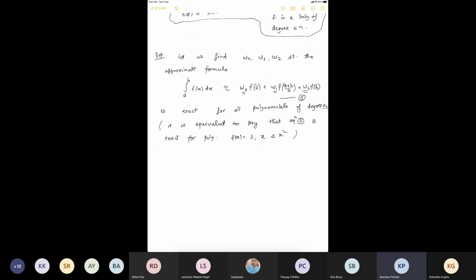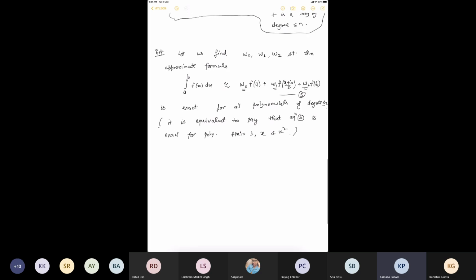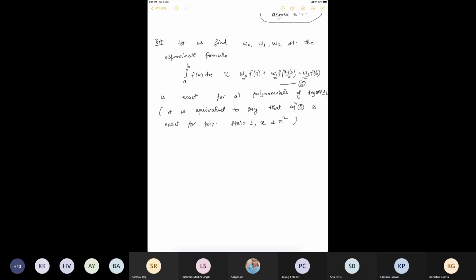So let's do that, because if the rule is exact for these three, 1, x, and x squared, then you can write any quadratic polynomial as a linear combination of these, and that will be true for any general polynomial also. Okay, so I'm just going to test it with these three functions. So now let's take f(x) equal to 1, x, and x squared in 5.